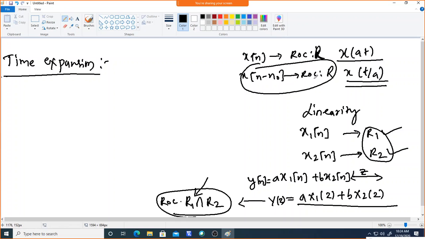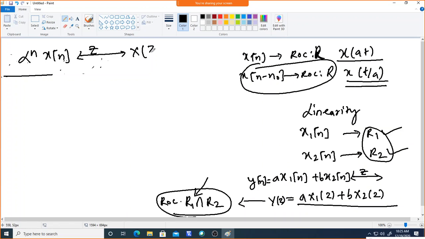Scaling in the Z domain also has a scaled version. If you have alpha power n into x of n, the corresponding Z transform we will get is x of z by alpha.